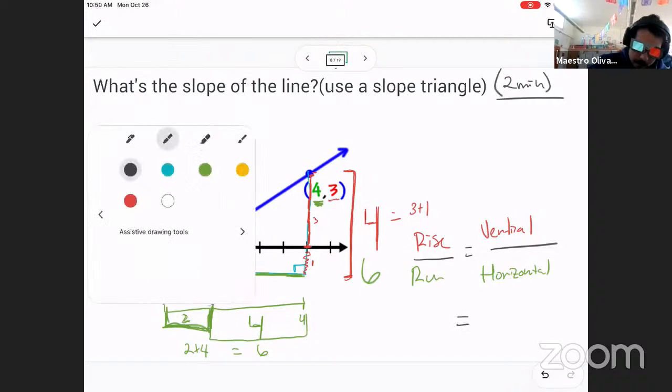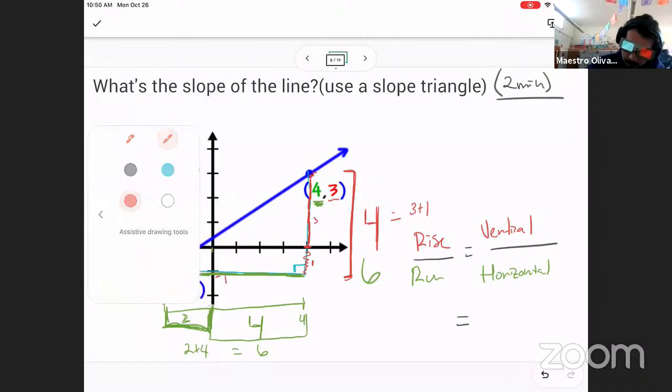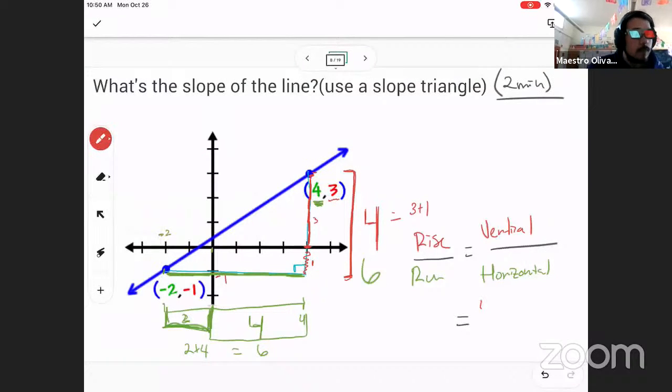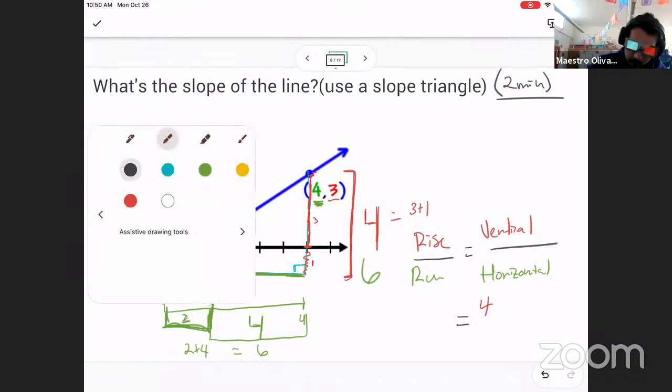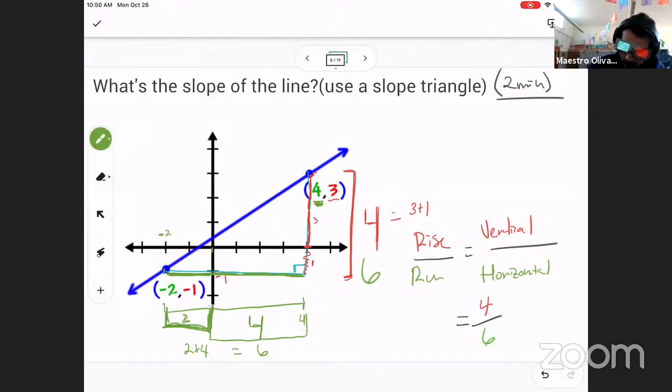Therefore, my slope is going to be 4/6. Thank you so much, Bricia. So all we're doing, remember, is drawing a triangle and counting the lengths of the triangle. Once we know the height and the base, all you do is make a fraction out of it.